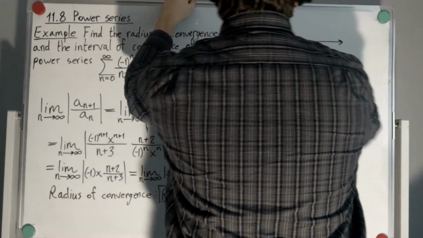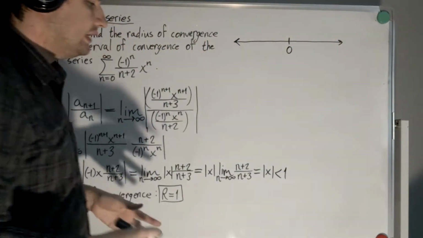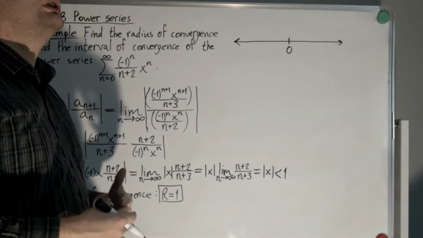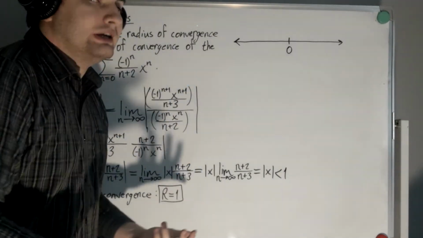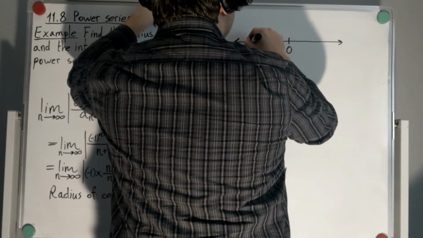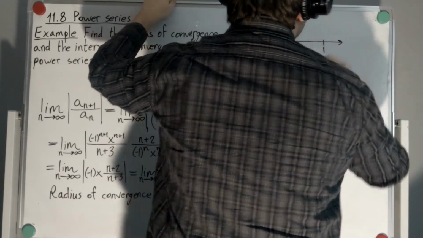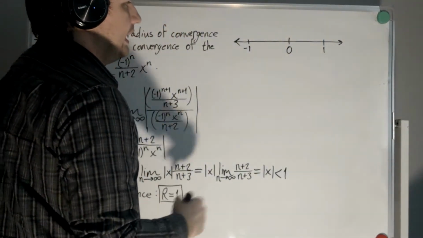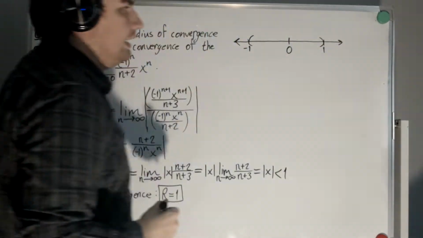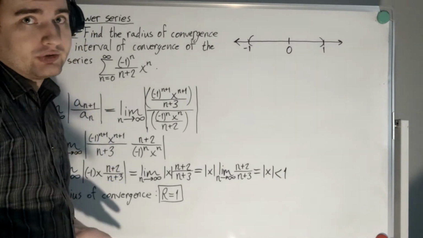If we were to put 0 on a number line, what we're saying is that x has to be at a distance of less than 1 from that point. To the left by 1 gets you to -1, and to the right by 1 gets you to +1. So x has to be contained somewhere in here, and if it is, then the ratio test guarantees us absolute convergence.